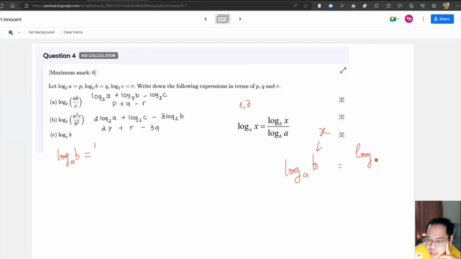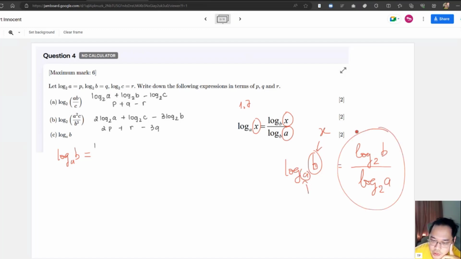We change to base 2, and then x here is the b here, and then divide by the log of the base. The b in this formula is 2 and the a is the base here. So log 2 of a here. This is our result, which is q over p.